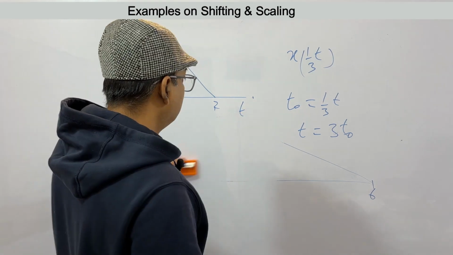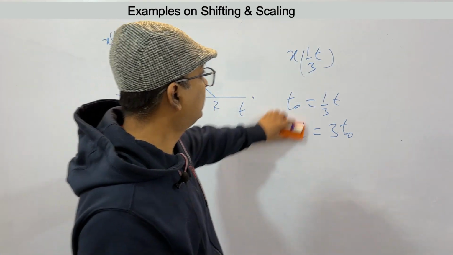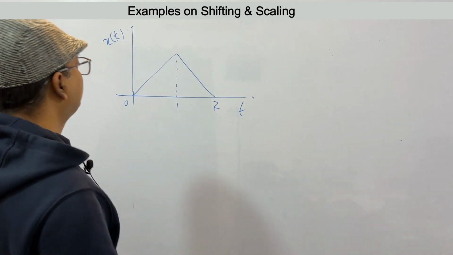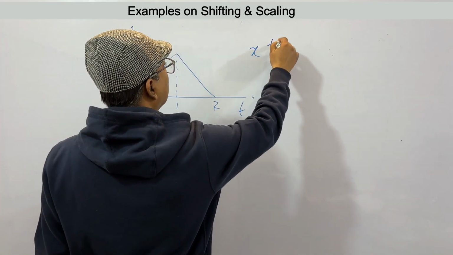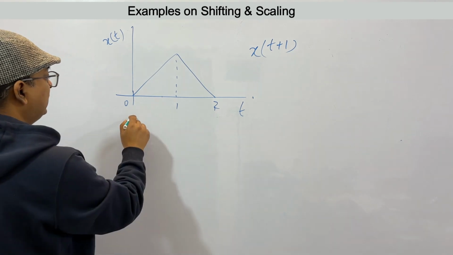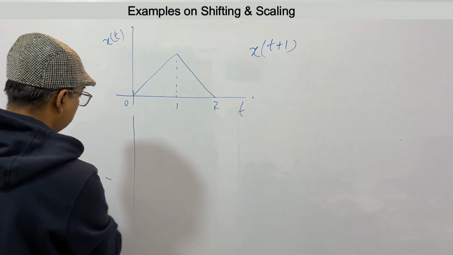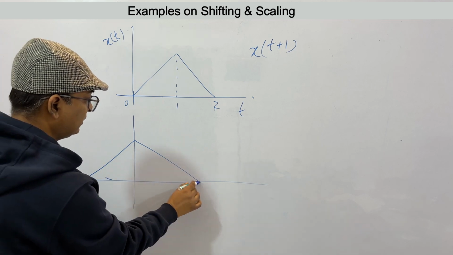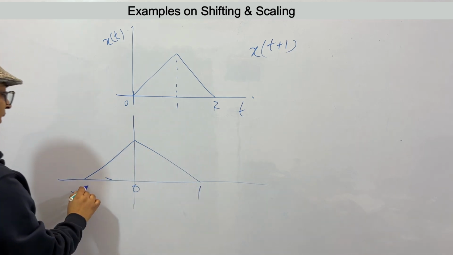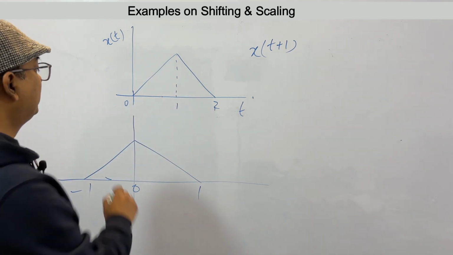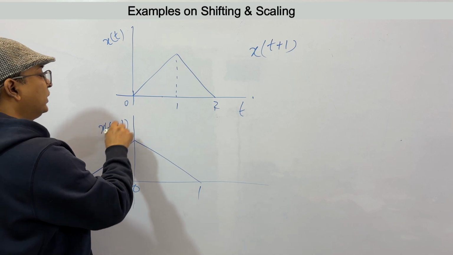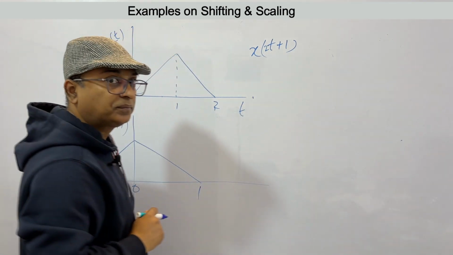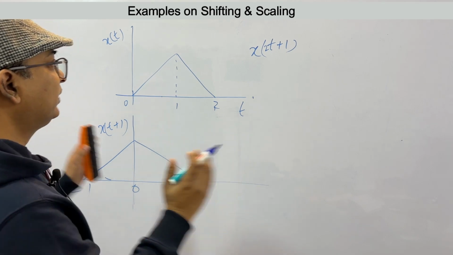Now we'll see how can we have scaling and shifting together. I told you xt plus 1 here will be like this. Okay, so this is 0, this is 1, this is minus 1. This is xt plus 1. Now, what if we have to find x2t plus 1? 2t, you saw it will compress.